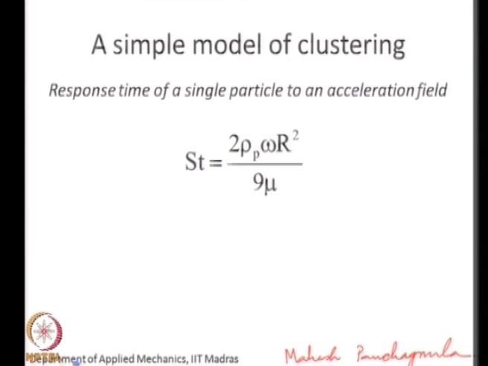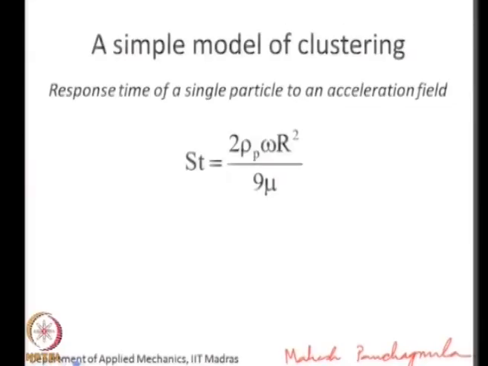Now, the way to understand whether I will get clustering or not, we just showed how size dependence in the drag law causes clustering. So, the way to understand whether I get clustering is based on a Stokes number.